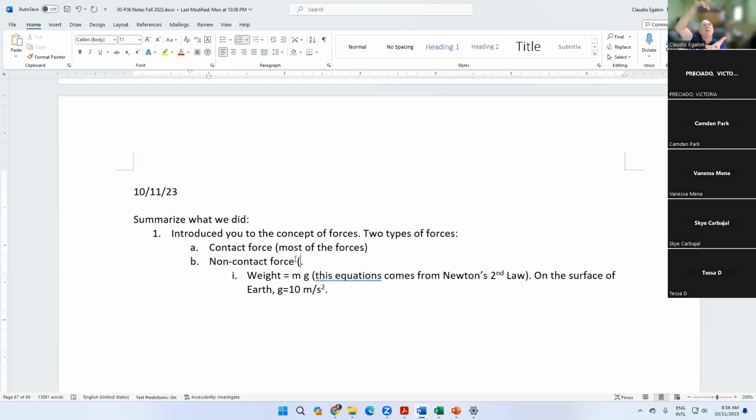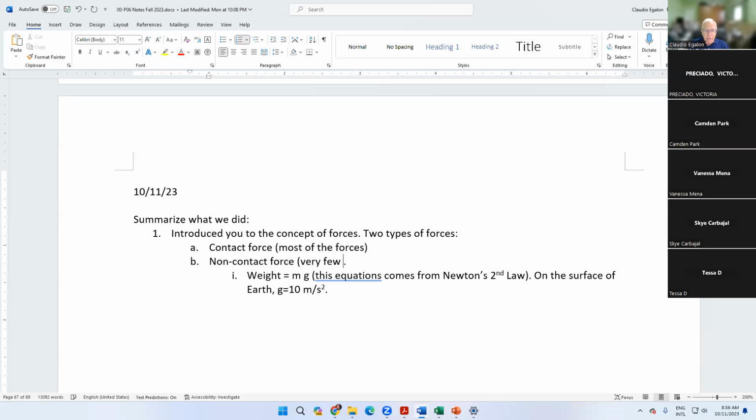Like this object here, when I release it, it falls because the Earth is attracting the object, and it doesn't have to be in contact with the Earth to feel that force. My hand is a contact force. When I lose contact, the object falls, and my hand no longer applies a force to this checkbook of mine, right? Here you go.